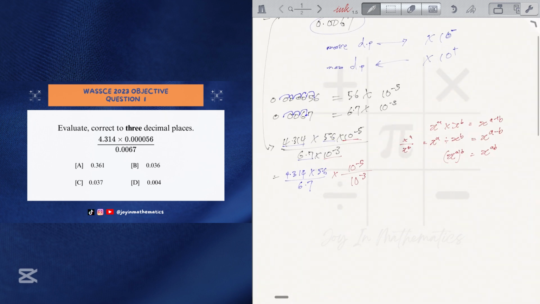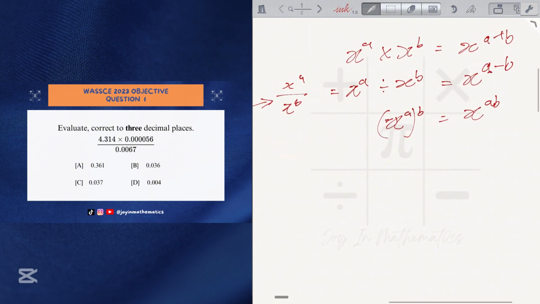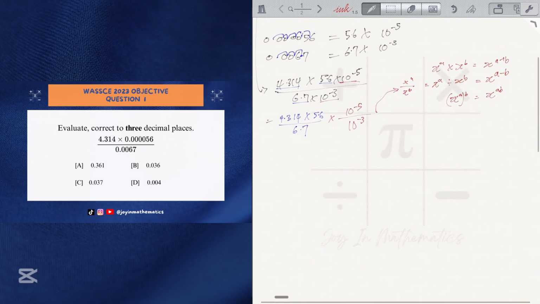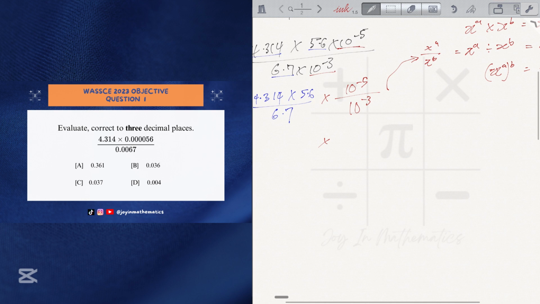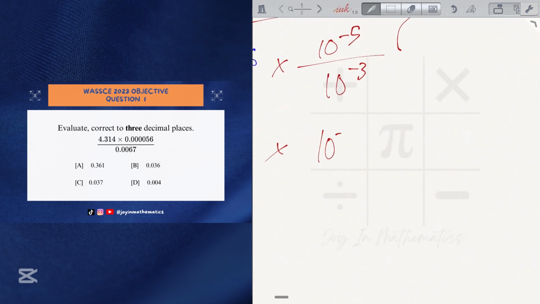So in view of that, we have 10 raised to the power of minus 5 divided by 10 raised to the power of minus 3, similar to this. So all we just have to do is subtract the powers. So this becomes 10 raised to the power of minus 5 minus minus 3.